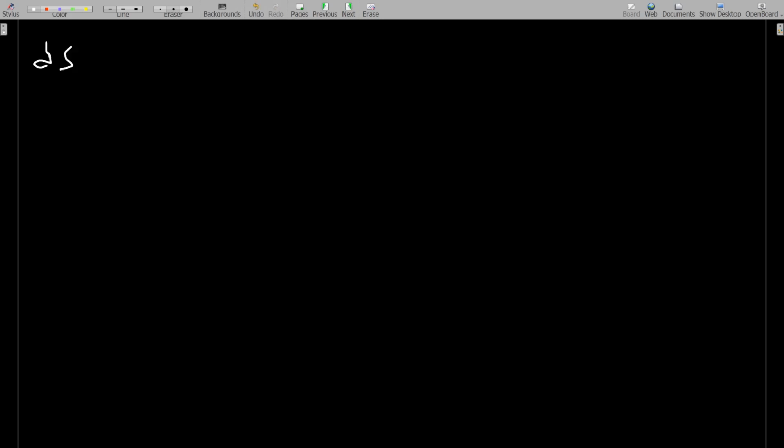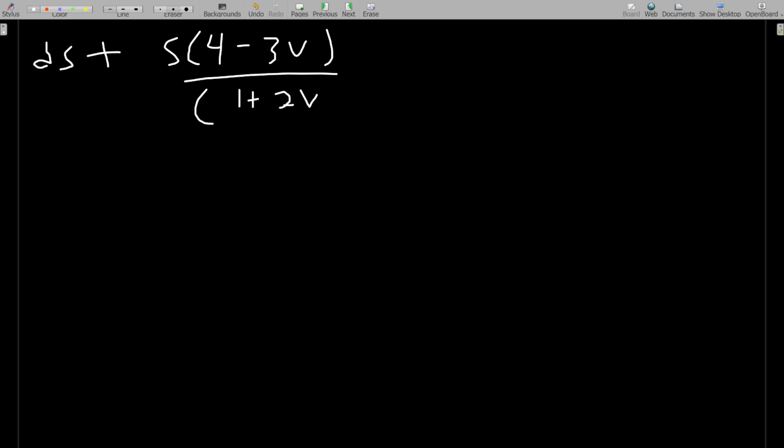So we have ds plus s into, the numerator is this 4 minus 3v over 1 plus 2v minus 3v squared dv should be equal to 0. And now we'll have to again divide through by s.